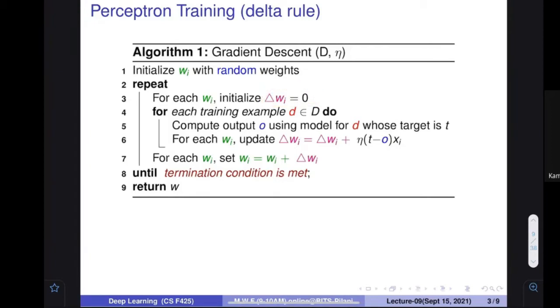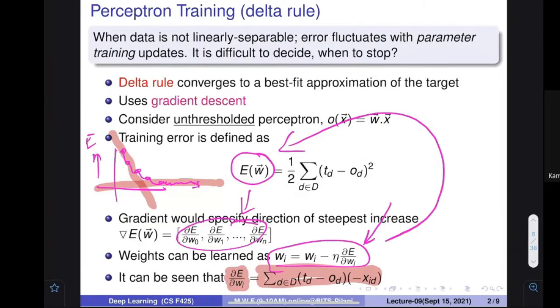Definitely initially you put it 0, and then for all the data items you collect the quantity, target minus output times xi, because you know that this is the thing you actually have to find out. The gradient is going to be only this value, and you have to find the summation over all the data items.